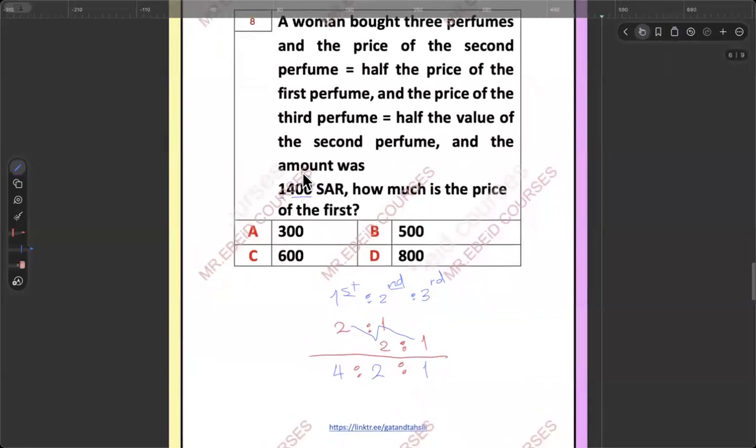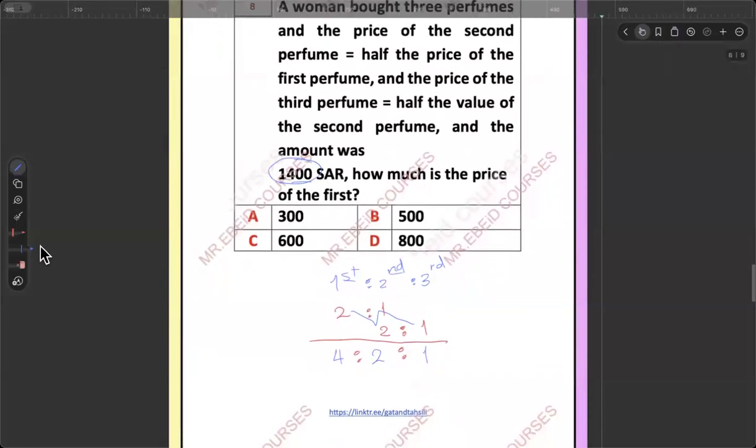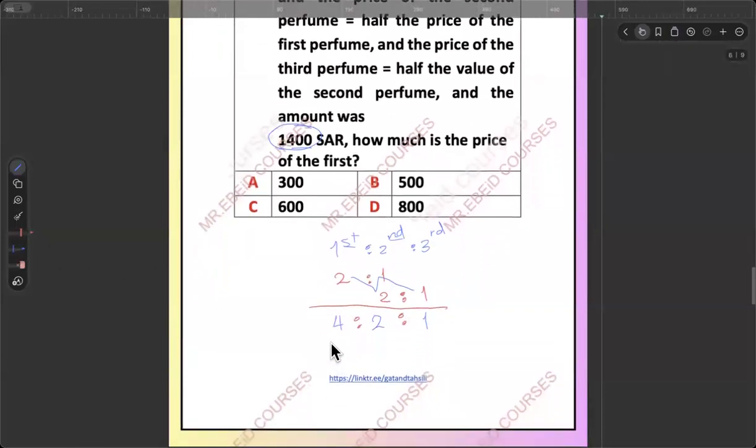Now we have the total, which is 1,400. So we can rewrite them as 4x, the actual number, then 2x, and x. Their sum altogether, 4x plus 2x plus 1x, will be 7x, which equals 1,400. We can find the value of x by dividing both sides by 7. So x equals 14 divided by 7, which equals 2, and write down two zeros.